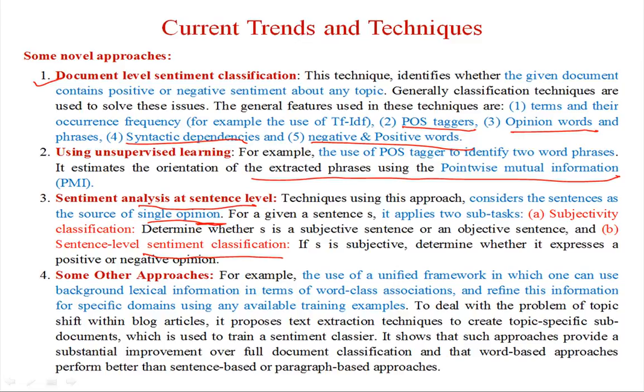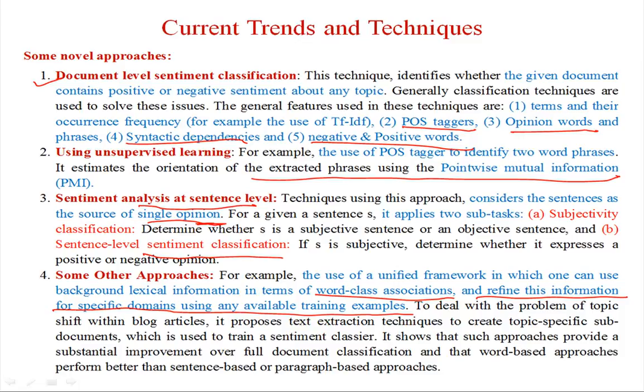in this case. Some other approaches, for example, use a unified framework in which one can use background lexical information in terms of word class association and refine this information for a specific domain using any available training examples.